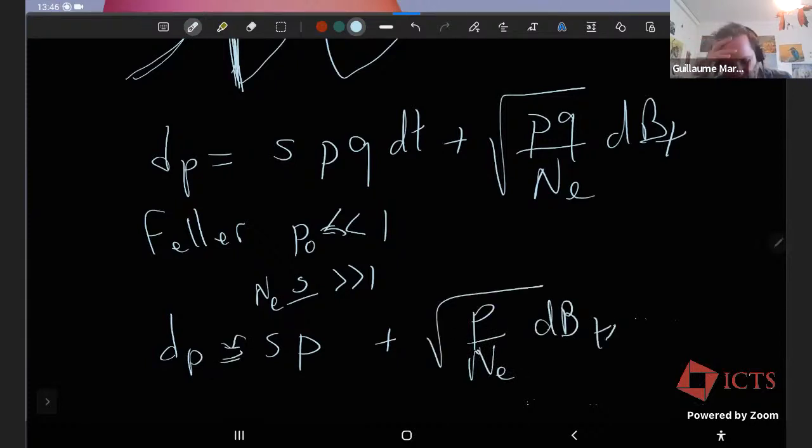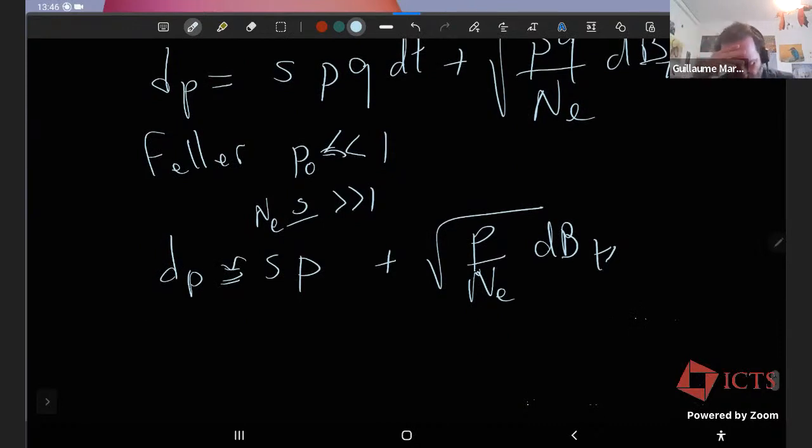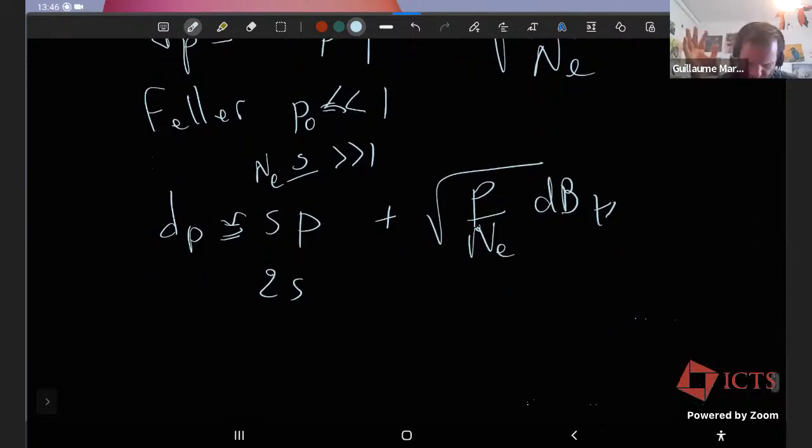That's really the Feller approximation that we use. Kavita knows this. So that's how you compute 2s, the probability of fixation from one copy. Stop me if I'm saying it wrong. I think it's right.